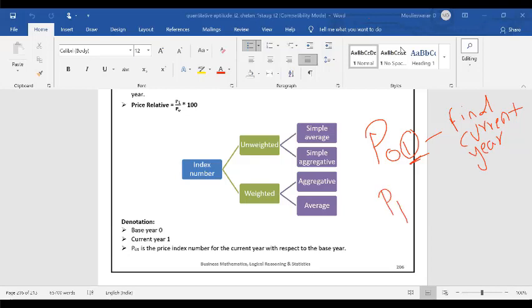If you are finding P10, 0 is the last number. 0 means base year. So you are finding base year. In your year 2000, whether it increased or decreased, you are finding that. Whereas P01 means in the current year, whether it increased or decreased, you are finding it. That is what the meaning is.